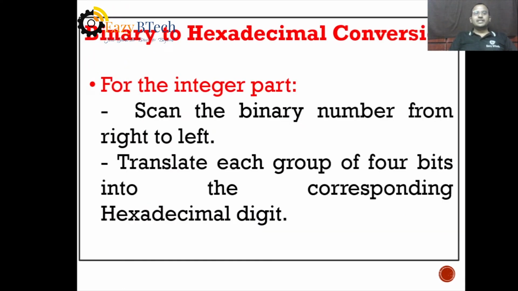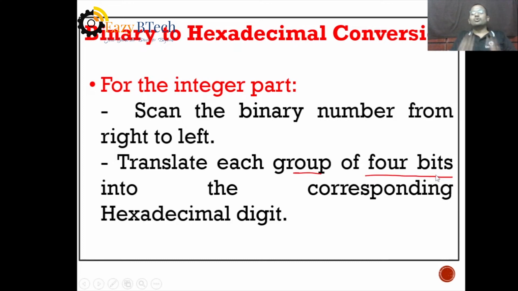Next we will see how to find the hexadecimal equivalent of a given binary number. Binary number is given to us. We have to find the hexadecimal number. So it is similar to how we find the octal equivalent of a given binary number. For the integer part we have to scan the number from right to left. But here the difference is we have to group 4 bits.